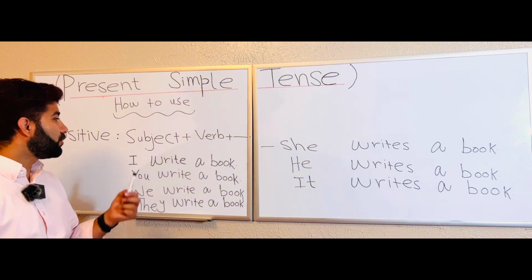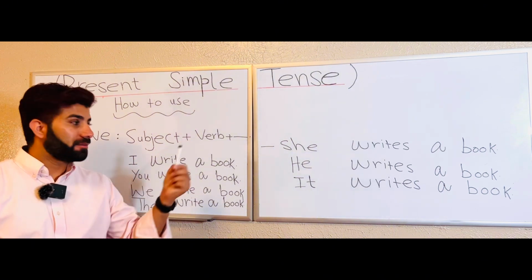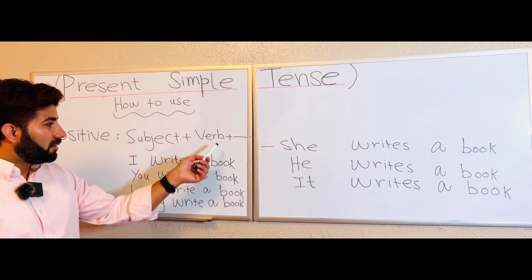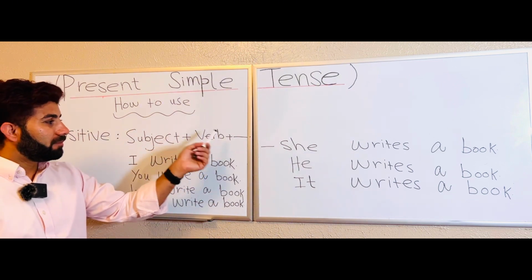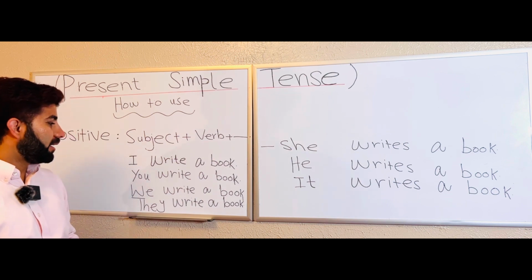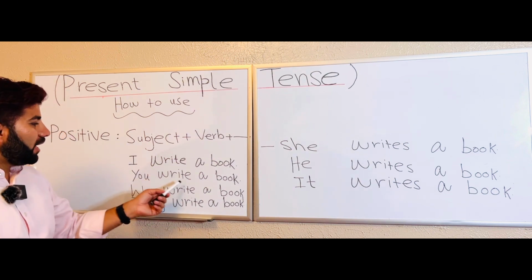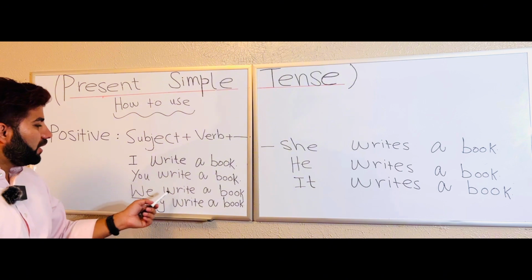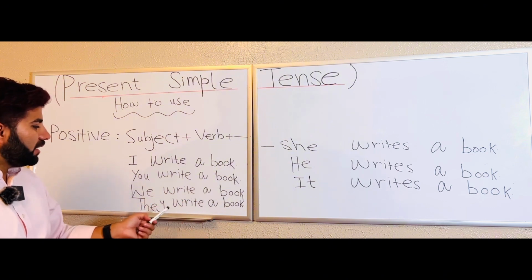In some cases, you will say subject plus verb plus object, but we can say subject plus verb plus some extra information you added. So: you write a book, we write a book, they write a book.